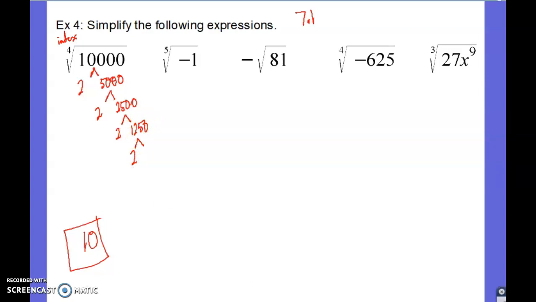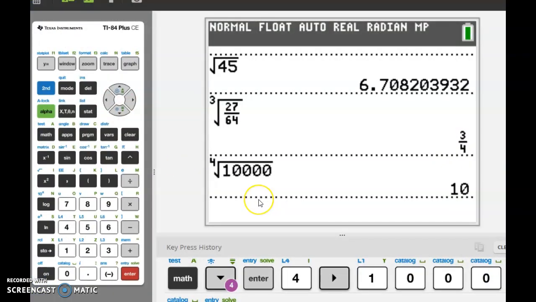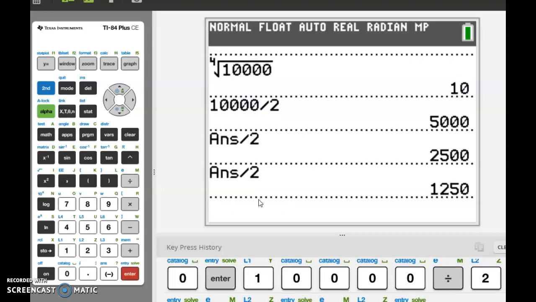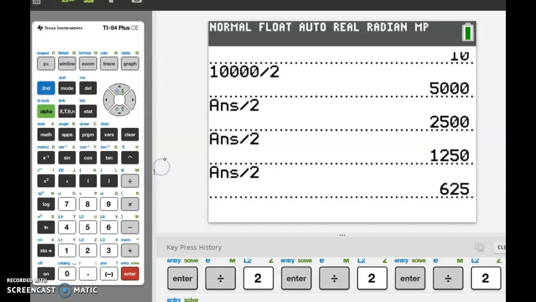Let me pull up that calculator again. So you could do 10,000 divided by 2, divided by 2, divided by 2, divided by 2, 625. There we go. Now it's no longer divisible by 2, so I can start dividing by 5.